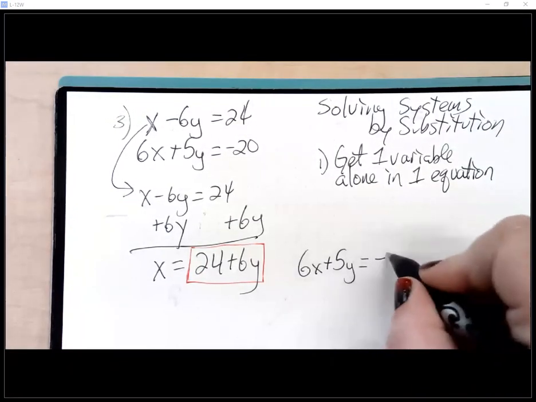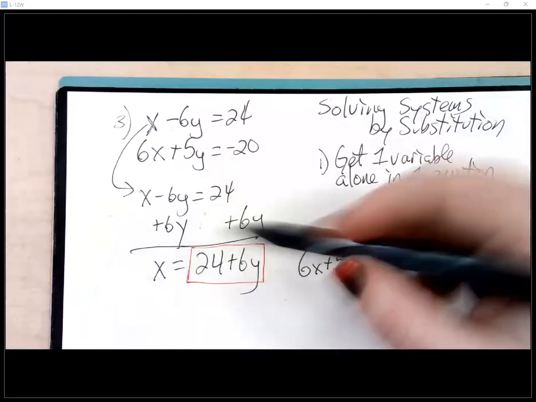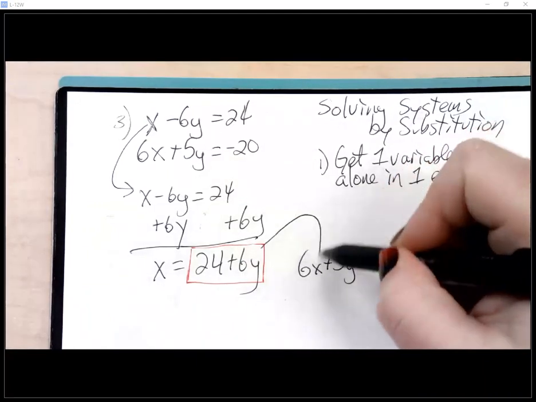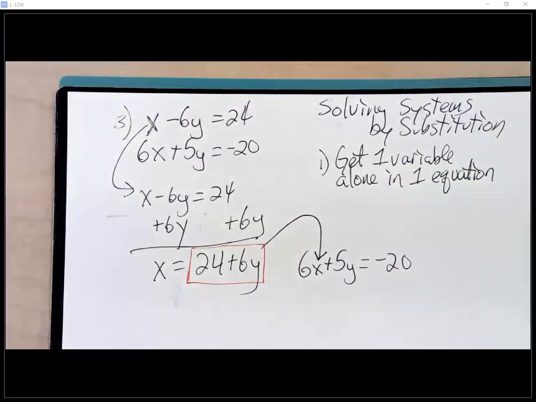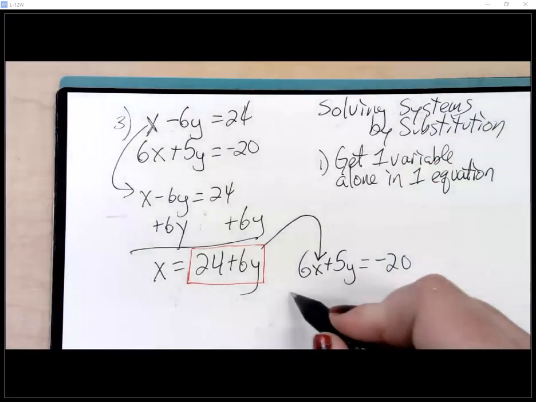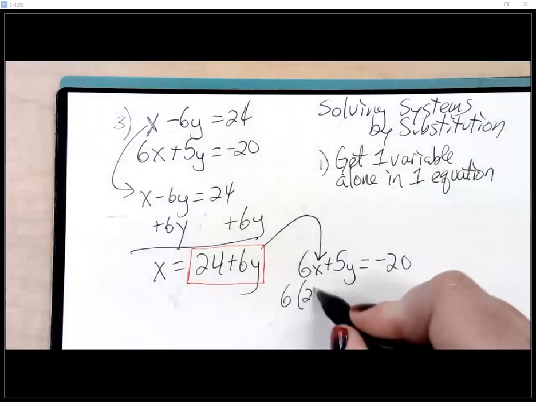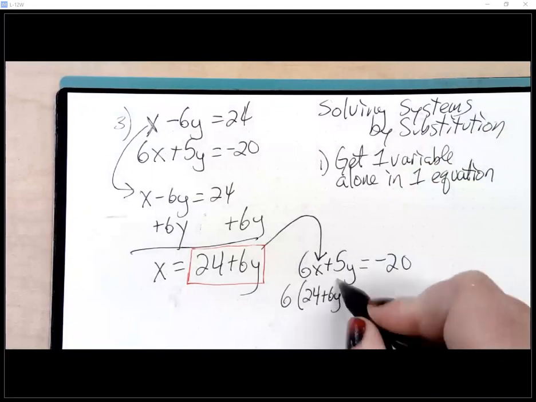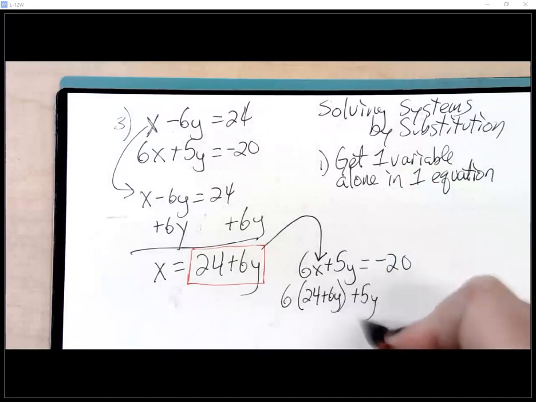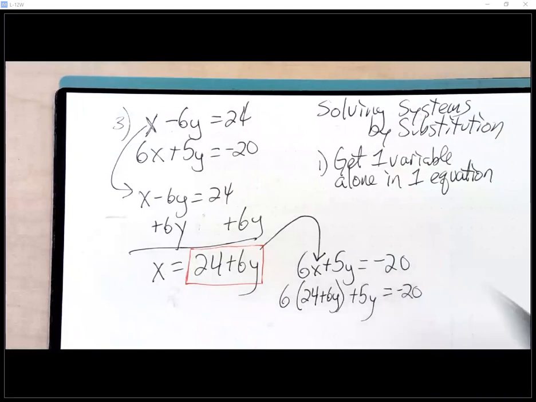And I'm just going to replace x with everything that's in this box. So that x, I'm now going to swap out for everything that x is equal to, 24 plus 6y in this case. So it looks like this. So that would be step 2.